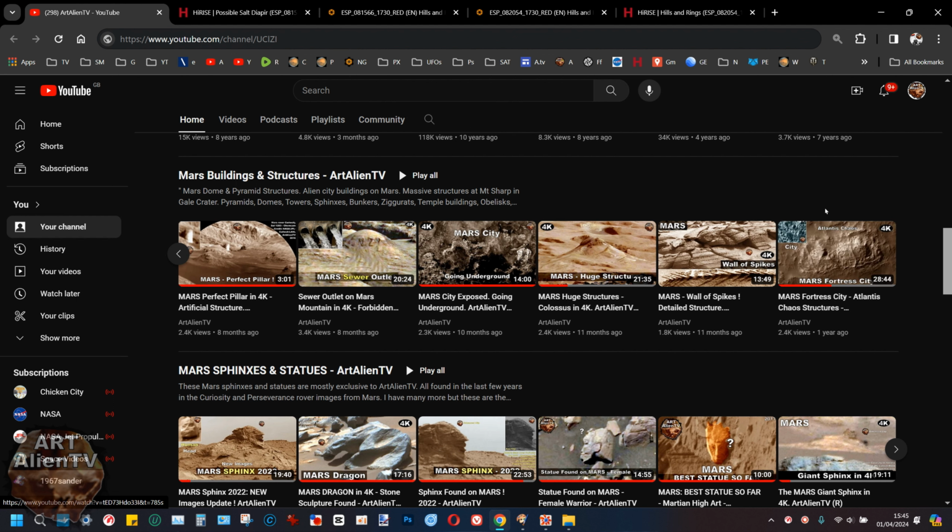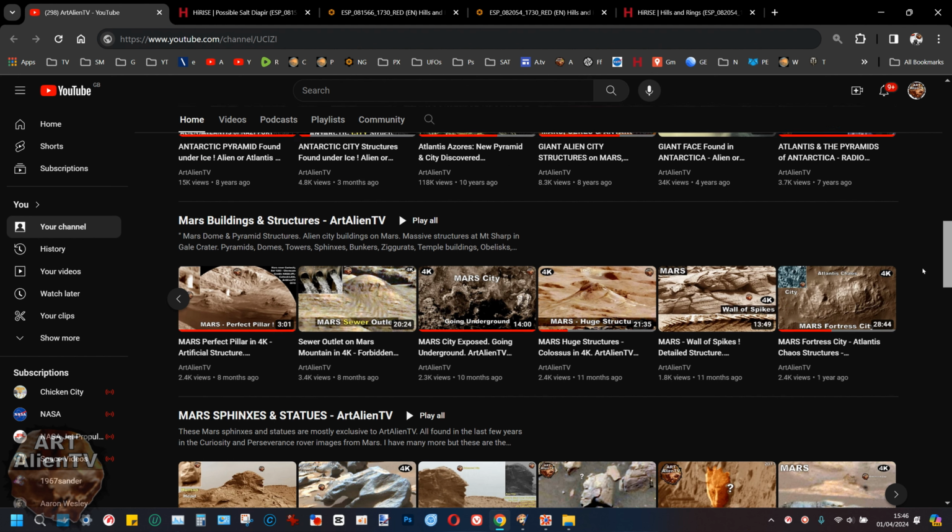There's loads of little craters and stuff on the ground, some very large craters also. So check all this stuff out. There's loads of examples on the ground and from satellite images of structures, city structures, buildings, with rooms, with doors, with windows, all sorts of things here. And if you go through this playlist, Mars Buildings and Structures, you will see countless examples going back many years, okay? This is just a few of them.